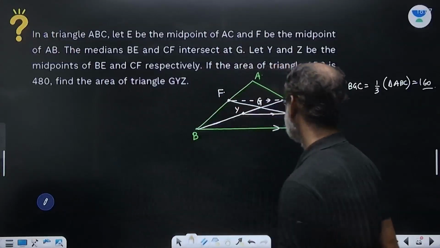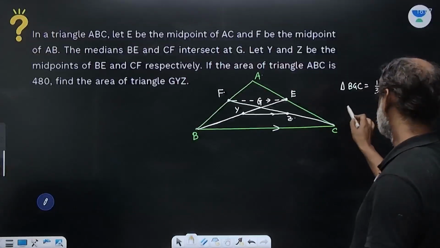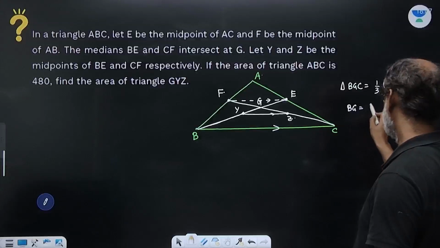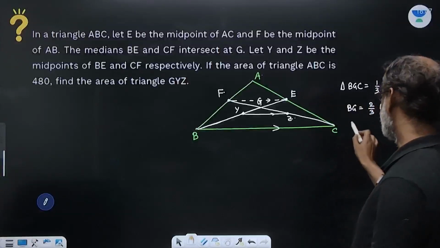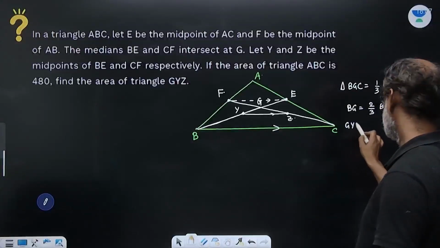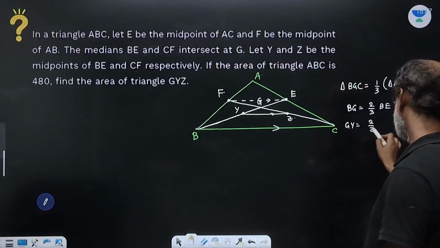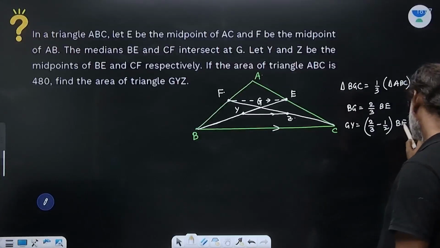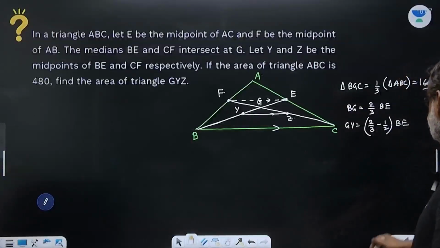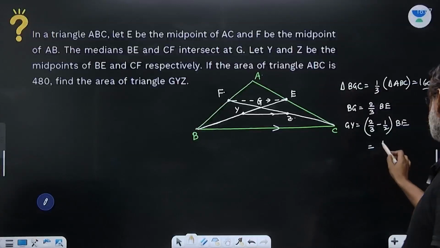See, if BG is 2/3 BE, so GY is 2/3 minus half of BE, so BE by 6.